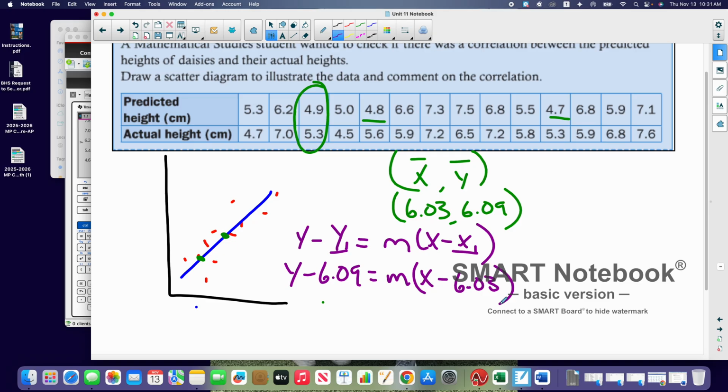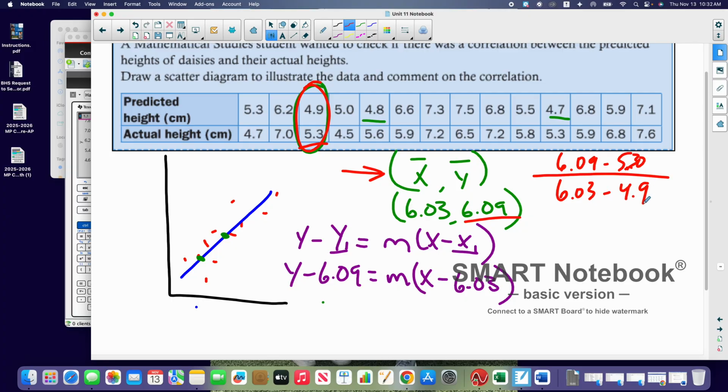Now, I need to go find the slope. That's why I picked this point right here. I'm going to use it with this point right here to be able to find my slope. How do you find slope? y2 minus y1 over x2 minus x1. So I'm going to go 6.09 minus 5.3 over 6.03 minus 4.9.